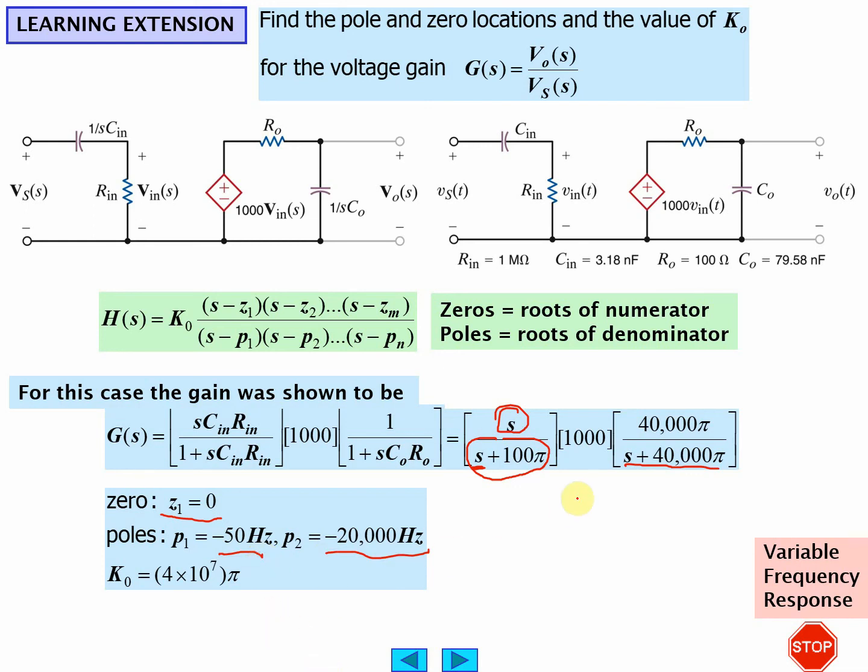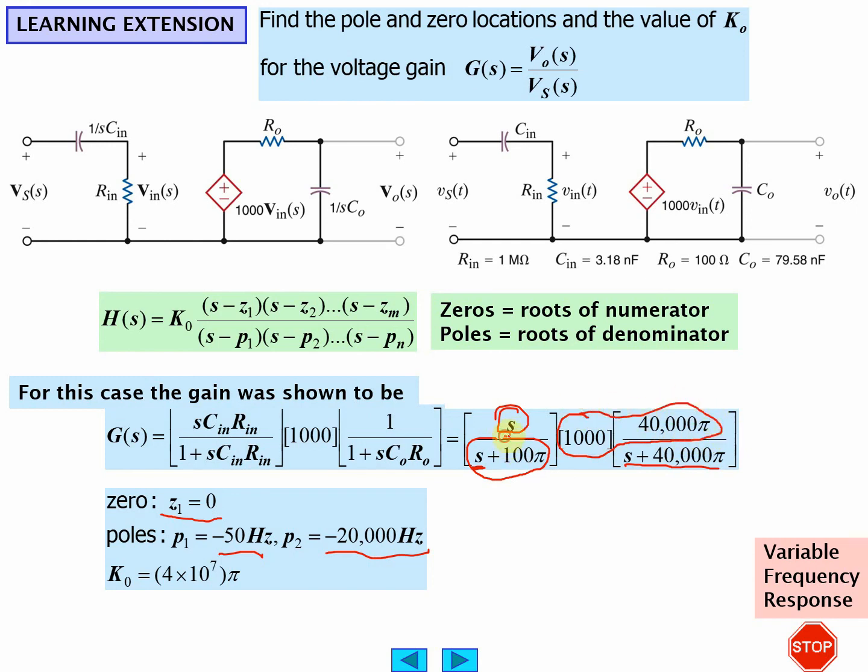And K naught then would be, let's see, yeah, we'd have the S squared as the leading term, S as the following term, so it would be the product of these two right here.